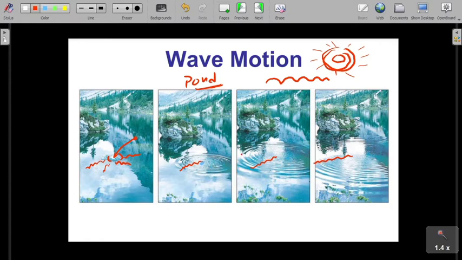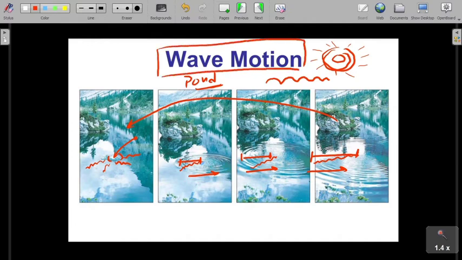The length is small here, but it goes bigger and bigger. After some time it will come back to its original position. This is continuously happening when you throw a stone in the pond. Other than that, the pond is calm. So this is the wave.